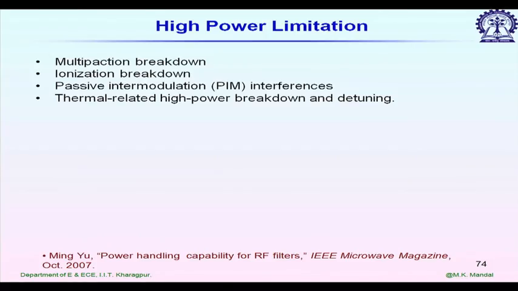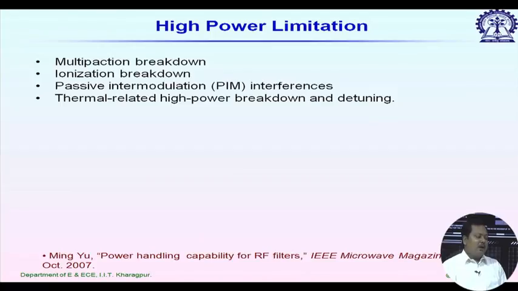So, next one is thermal related high power breakdown and detuning. If we change temperature, then we have seen that dielectric constant is a function of frequency, and its epsilon r will change with frequency. So, the operating frequency of the component will also change.